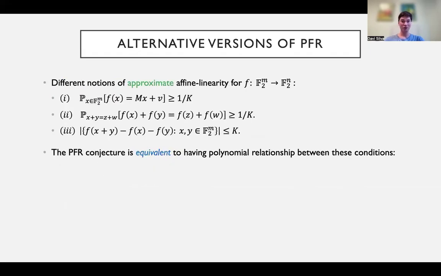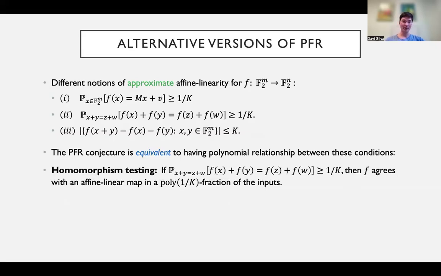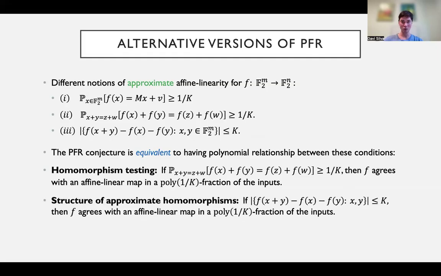In fact, it has been shown that the PFR conjecture is equivalent to having a polynomial relationship between these conditions. To be more precise, there are two results, each one of them equivalent to PFR. The first one I call homomorphism testing.